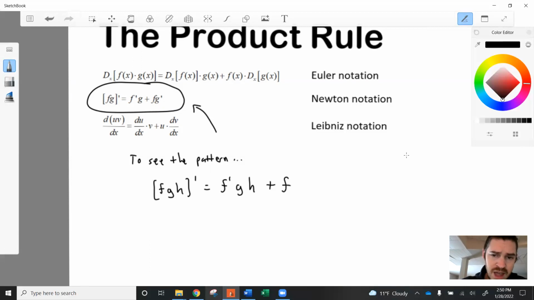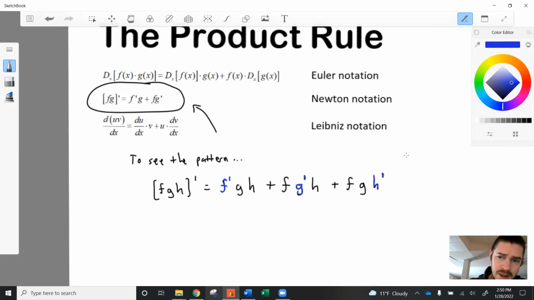And then you'd say, this time I'm going to leave f alone. I'm going to take the derivative of g, and I'm going to leave h alone. And then you would add another term, f alone, g left alone, and this time I'm going to take the derivative of h. So in each case, there is one of the three functions that you're differentiating, but only one.